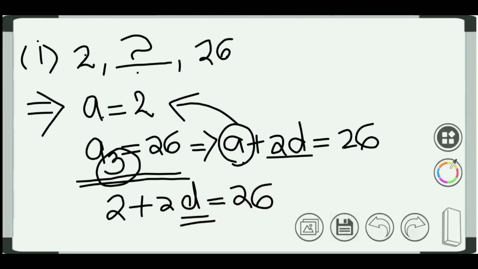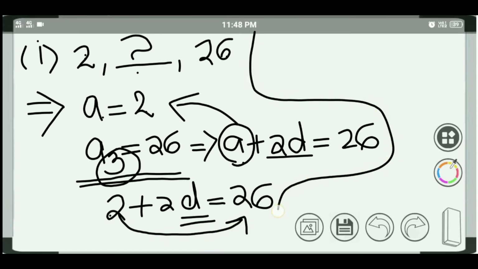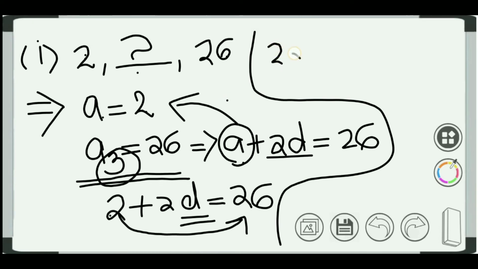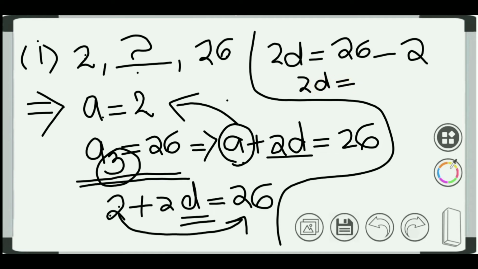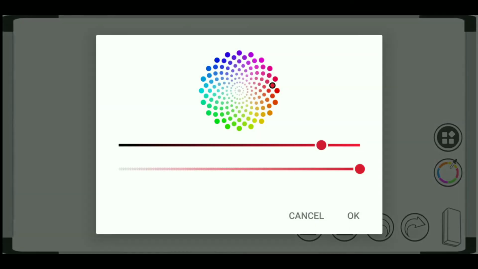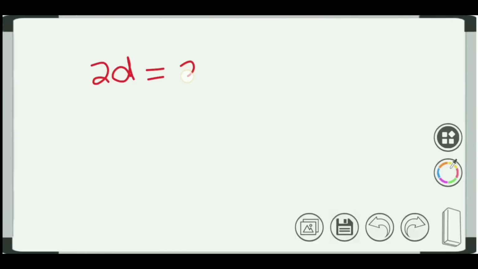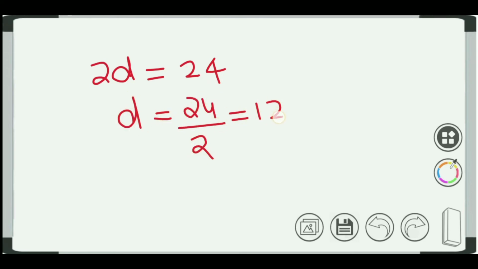Yes, I am taking this 2 to this side, so plus 2 becomes minus 2. 2d equal to 26 minus 2, 24. 2d equal to 24, then d is 24 divided by 2, which is equal to 12. So now you got a is equal to 2, d is equal to 12. You got both the values a and d.